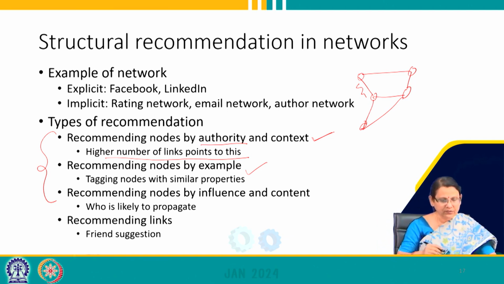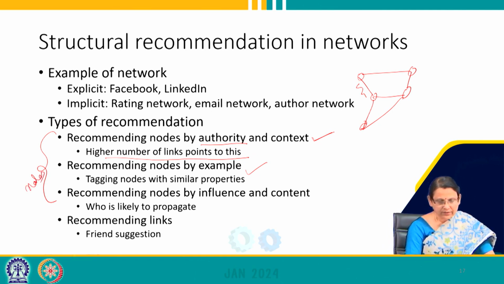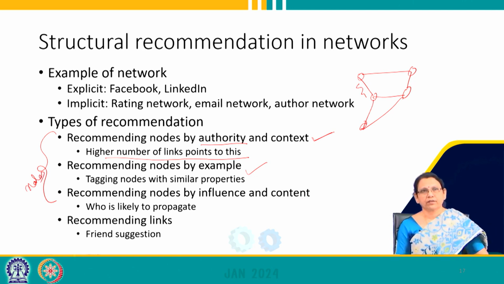The third one, which is again about the nodes, is recommending the nodes by influence and content. So, there are certain nodes, let us say social network influencers, who try propagating messages. They are so well connected that whatever you ask them to say, they will propagate it very fast to others.